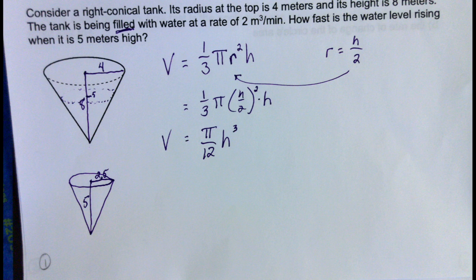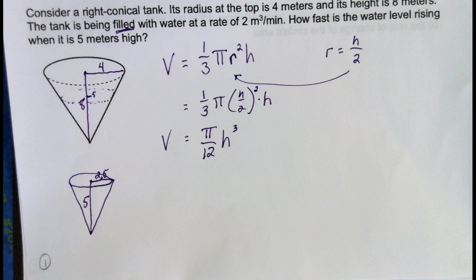So, let's take the derivative. The derivative of the volume would be dV/dt, the rate of change of the volume with respect to time. Now, by the way, pi over 12 is just a number. It is not a variable, okay?